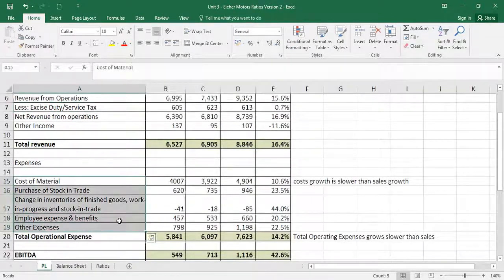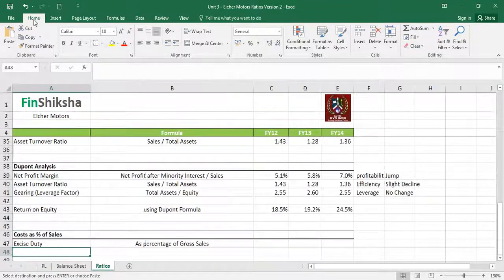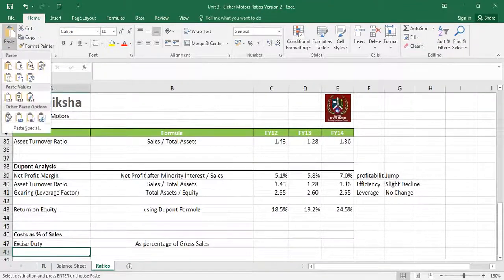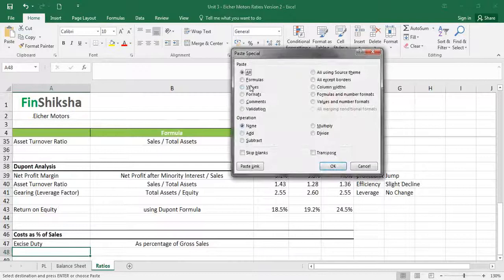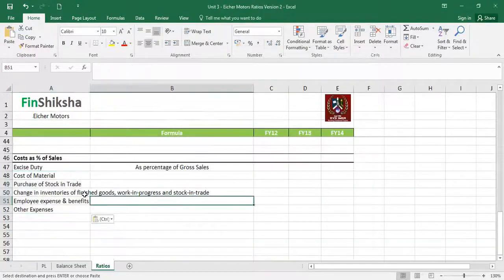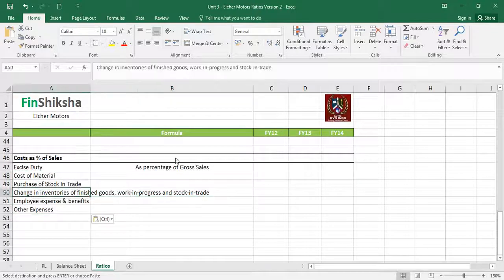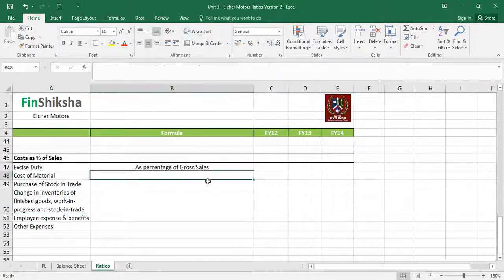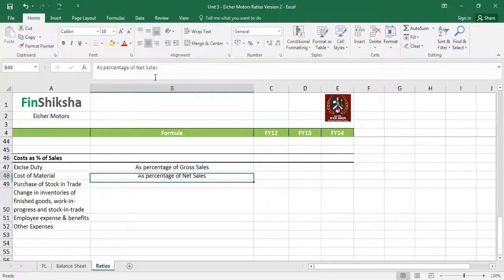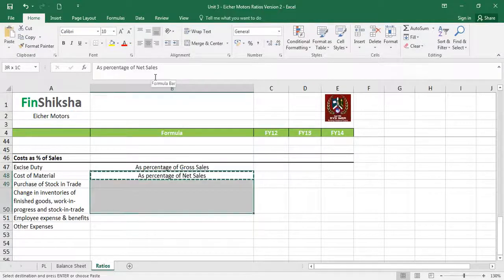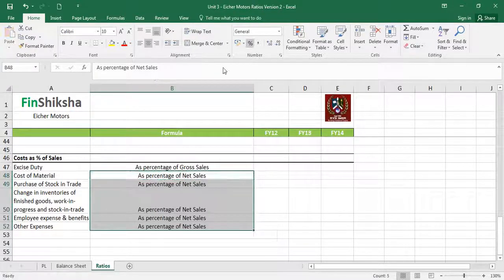So we'll just plug in all these numbers, just copy all this and let's just paste all this here. We'll paste it in a simple values format. So we get all the data and we can wrap text here and we're going to put in as percentage of net sales here and we're going to copy this and paste all of it here, right?